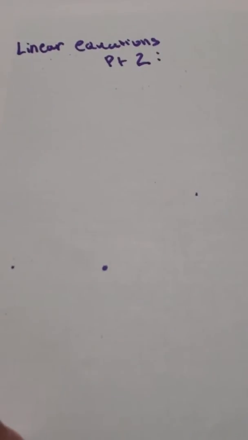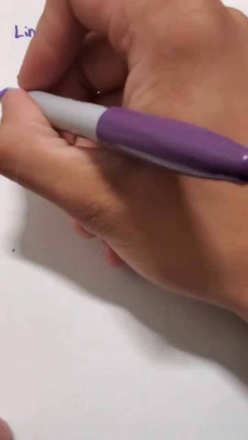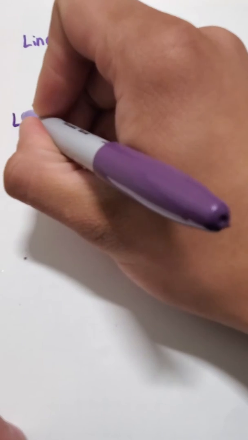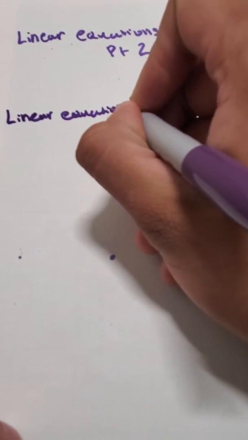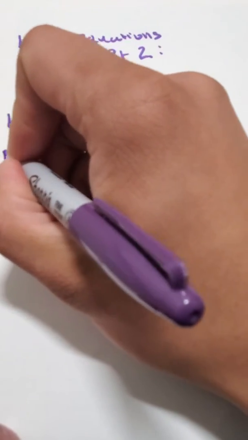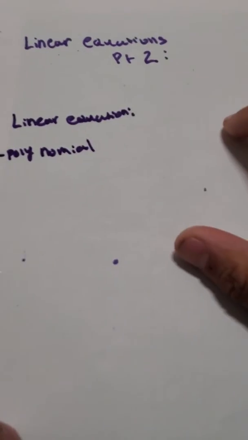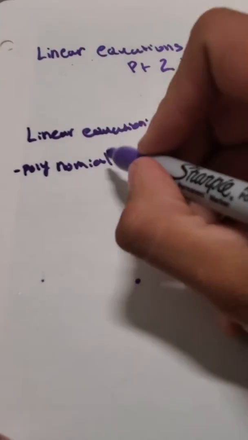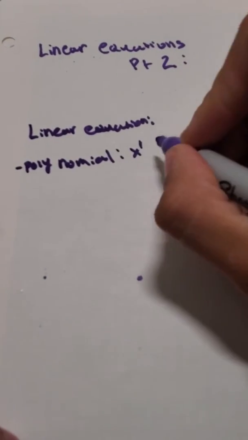Okay, so we left off by defining the linear equation. I defined the linear equation as a polynomial of degree 1, meaning it has a power of 1 of x.